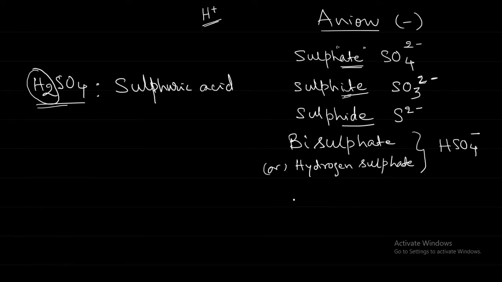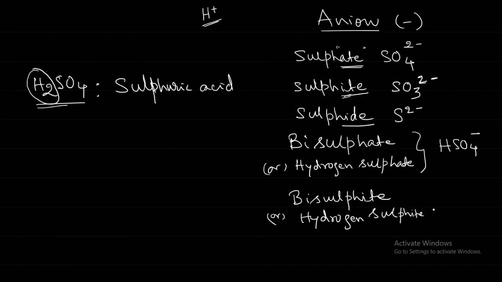Now based upon this, you can try to tell what bisulfite is. HSO3, or hydrogen sulfite. Now you know sulfite, so simply write hydrogen SO3, and because you added one hydrogen H plus, you reduce the 2 minus charge to minus 1. In this way, try to remember logically.